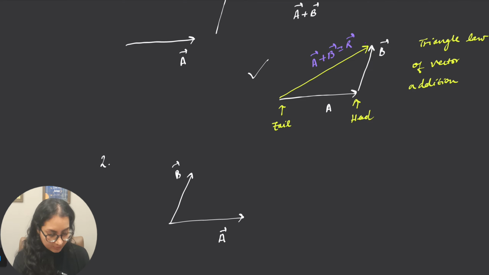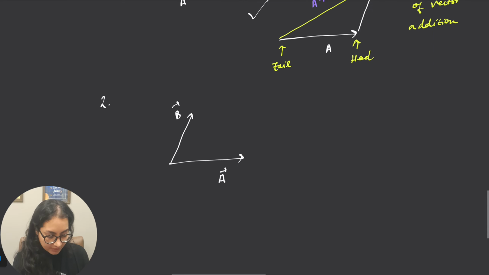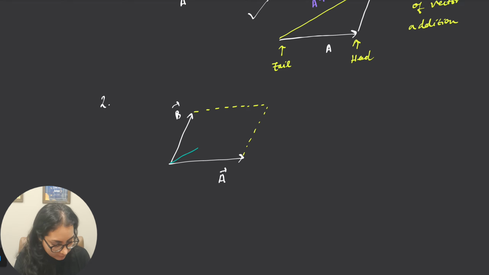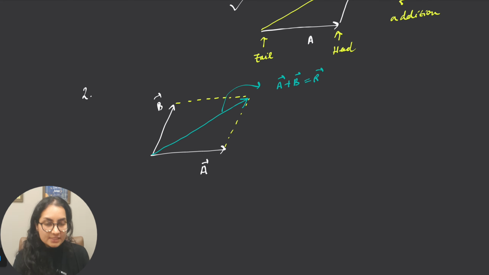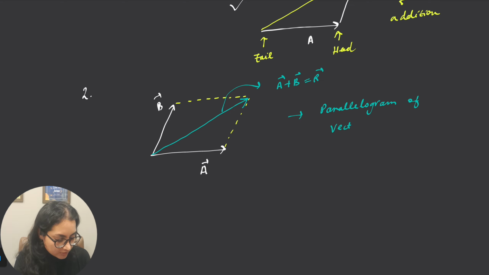But if I keep my B vector on the tail of A vector, then let's complete this figure, this parallelogram, and the diagonal of the parallelogram would give me my A plus B, or the resultant vector of A and B. So in this scenario, a parallelogram is formed. That's why it's called the parallelogram law of vector addition.